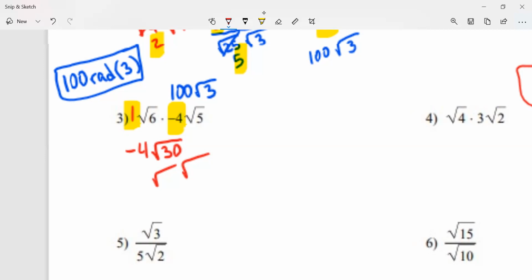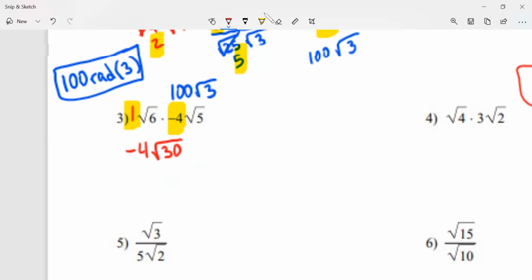I can think 3 times 10, but again, neither the 3 nor the 10 are perfect squares. So no, I cannot simplify. Like I said, in order for me to simplify, I'm thinking of two numbers that multiplied give 30, but one of them has to be a perfect square. Okay, so nothing I can do.